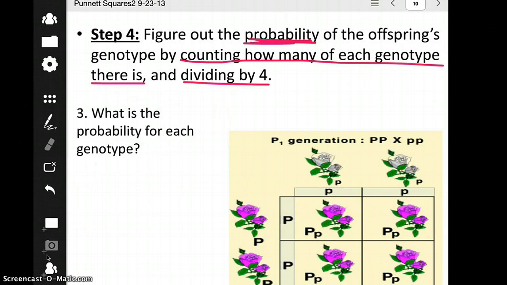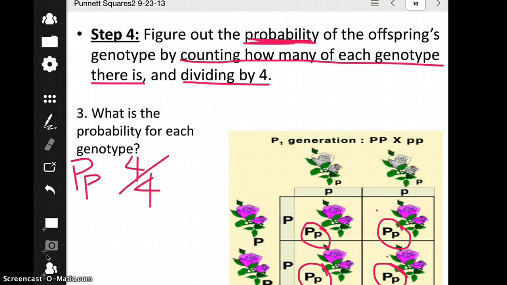So for example, now, the possible genotypes here are big P, little p, big P, little p. They're all the same, right? So they're all going to be big P, little p. So for big P, little p, there are how many big P, little p's? 1, 2, 3, 4, right? So there's 4 possible out of 4 total. So that's going to be 4 out of 4. That's actually 100%.